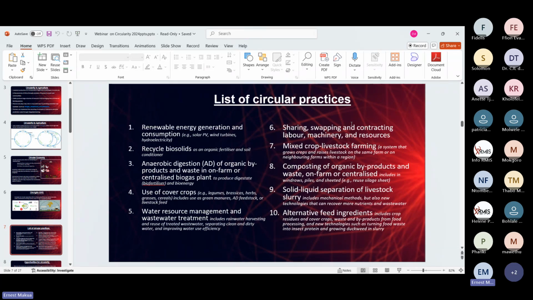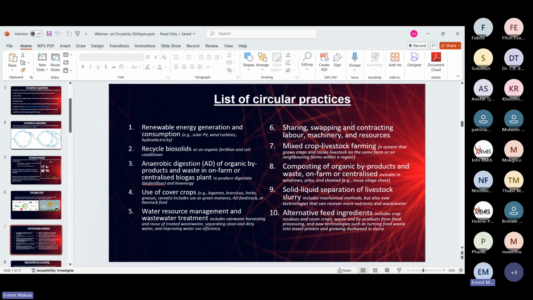Is any of them implementing the circularity of nutrients to any degree, whether they know that this is circularity of nutrients or they may not know about that? We wanted to establish if any of them are implementing it, and if some of them don't, what the barriers are.